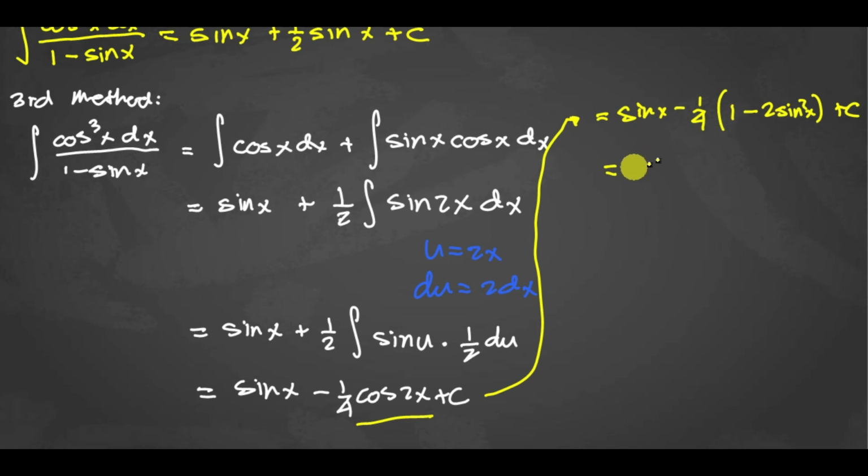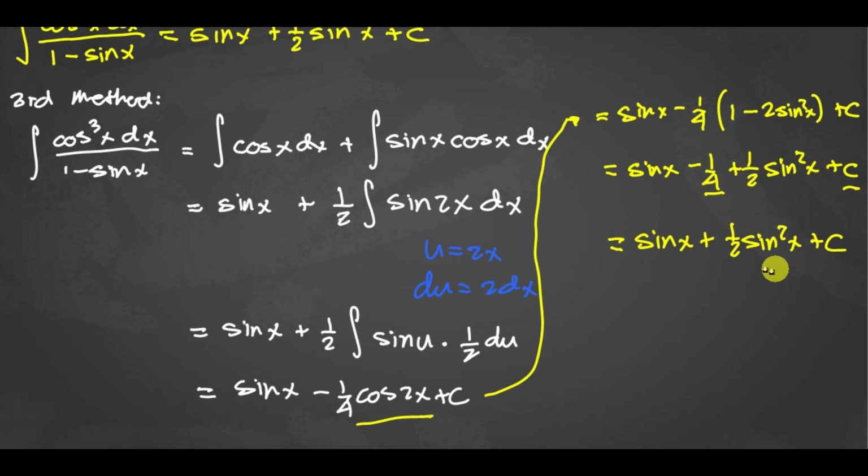Distributing 1/4 on each term, that is sin x minus 1/4 plus 1/4 multiplied by 2 is 1/2 sin²x plus c. Notice that 1/4 and c are constants. We could annotate that as plus c. Then this is equal to sin x plus 1/2 sin²x plus c. So we could prove that our final answer here is also equivalent to this one.